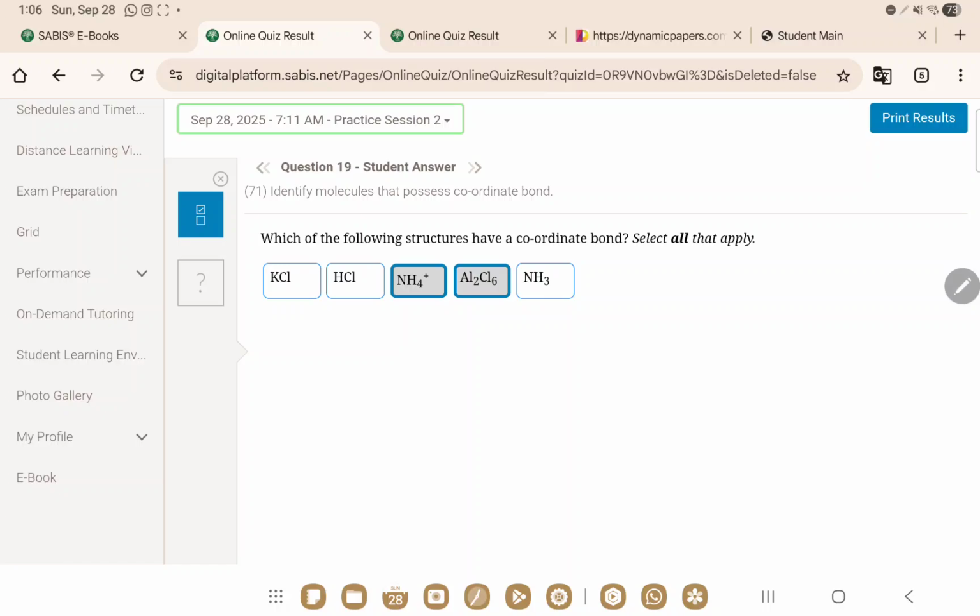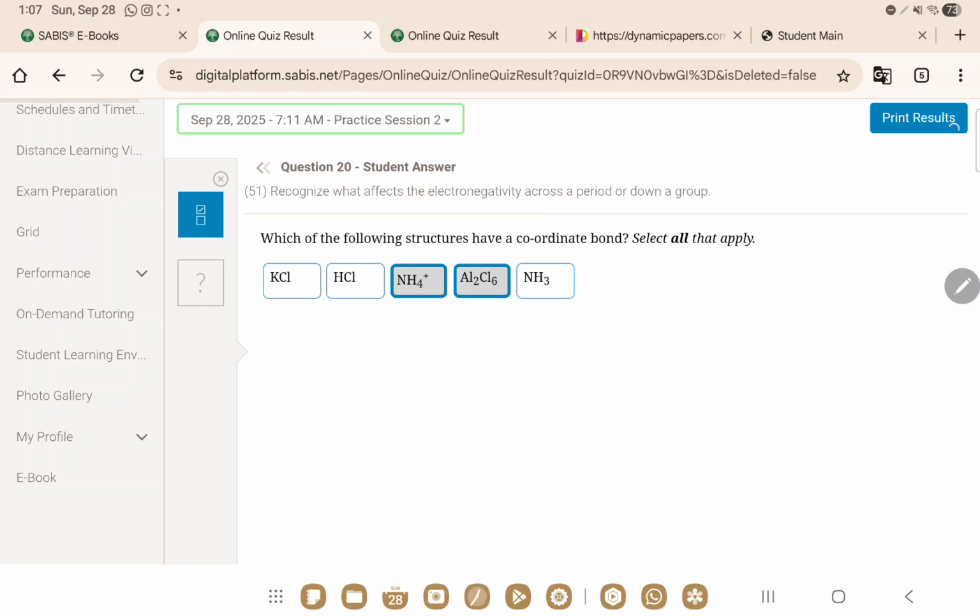Just a trick that I've noticed from all of the dative bonds we have. Exception of H3O plus, by the way. That's our only exception that's not in group 5 or 3. So H3O plus isn't in group 5 or 3, and it's a dative bond.